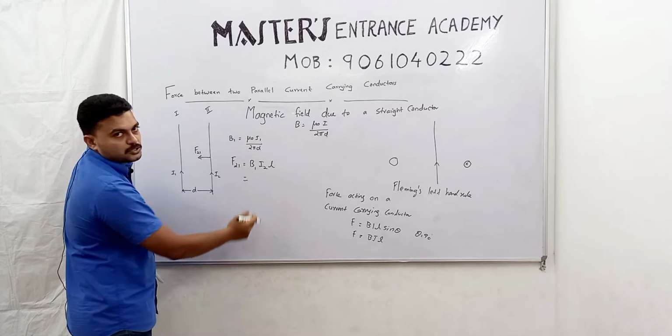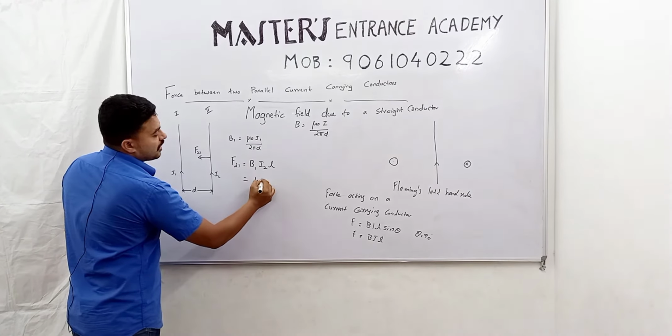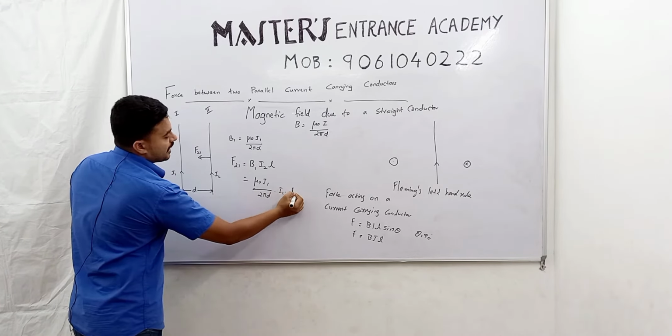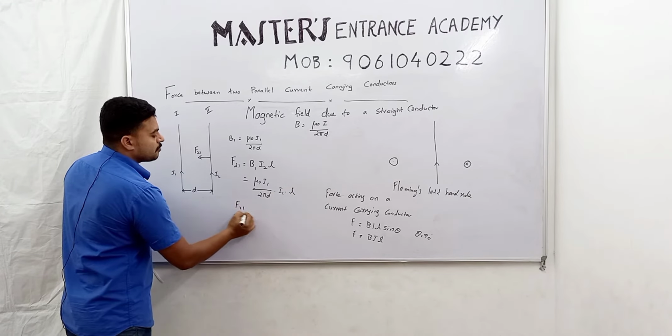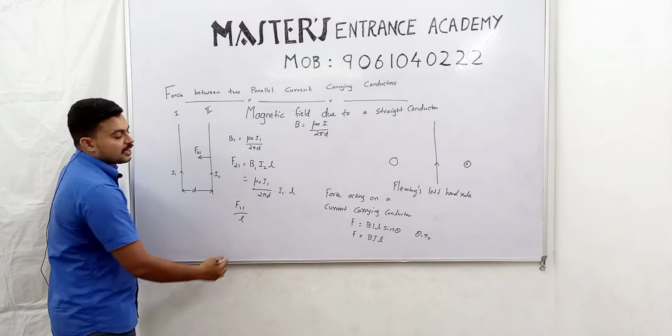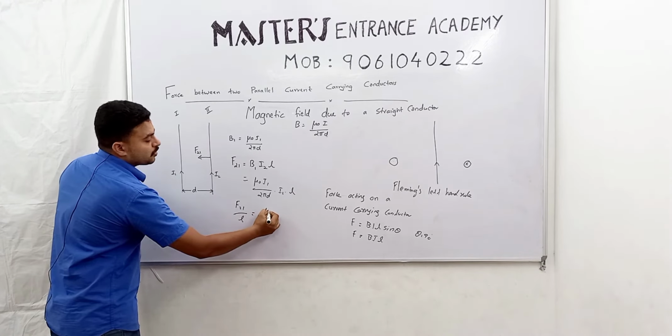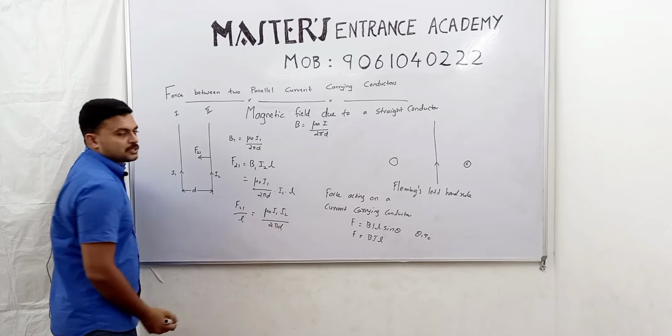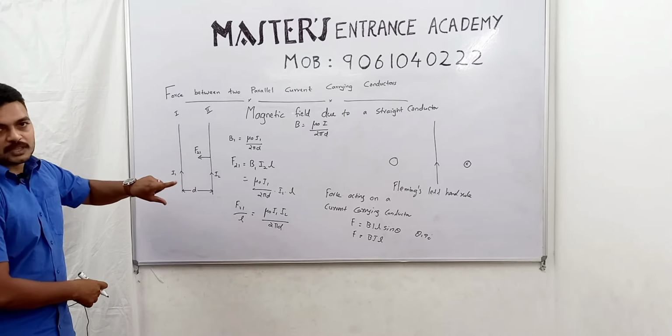Mu naught I1 by 2 pi d. So F21 is mu naught I1 by 2 pi d into I2 into L, or F21 by L, the force per unit length, is equal to mu naught I1 I2 by 2 pi d.